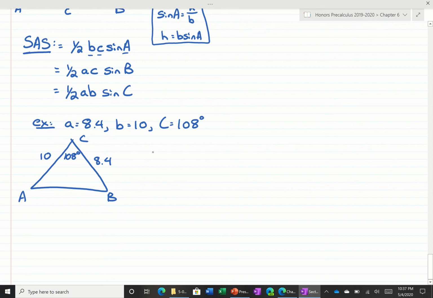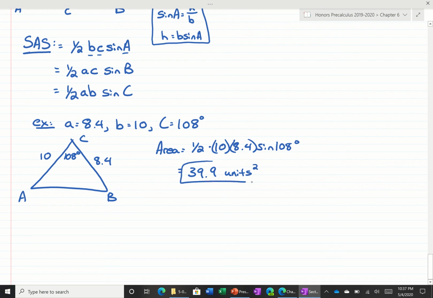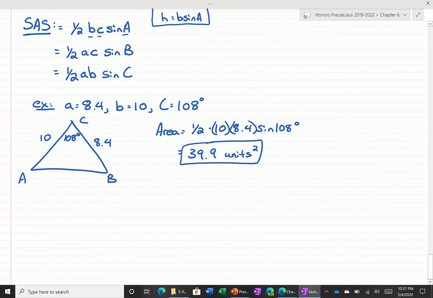According to our formula for side angle side, the area of this triangle would equal 1/2 the two sides times the sine of the angle between them. And if you type that into your calculator, you get the area is 39.9 square units. Whenever you're talking about area, we use square units. If it was volume, we would use cubic units.